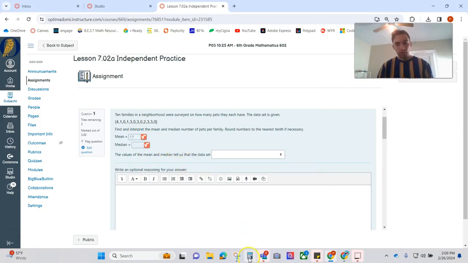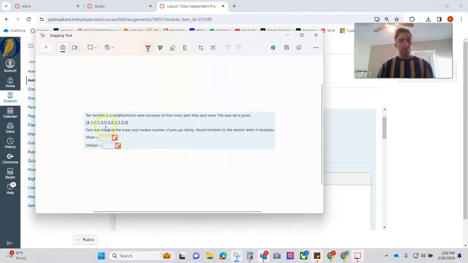And then the median. Where did it go? Oh, here it is. To find the median, we have to order the numbers from smallest to biggest. So I have 1, 2, 3, 4 zeros.